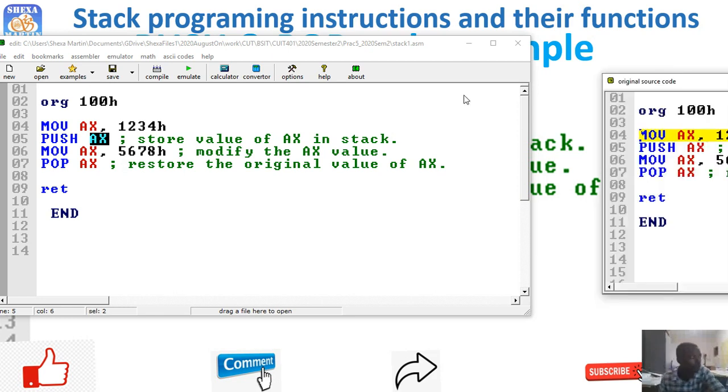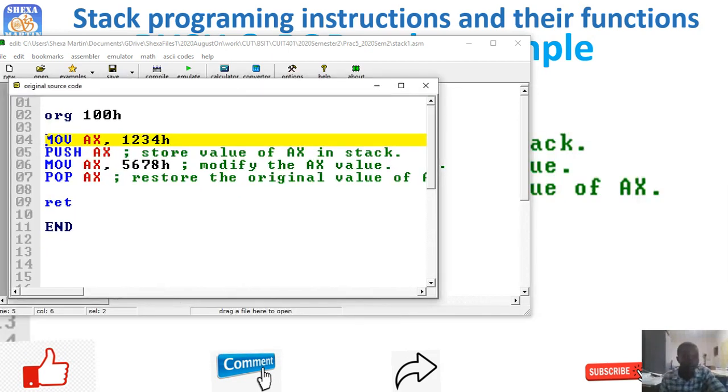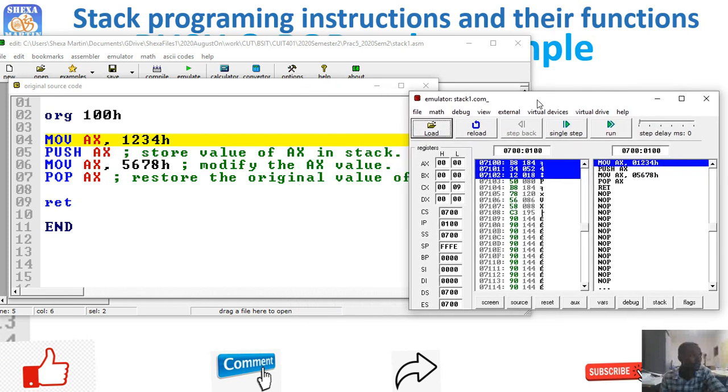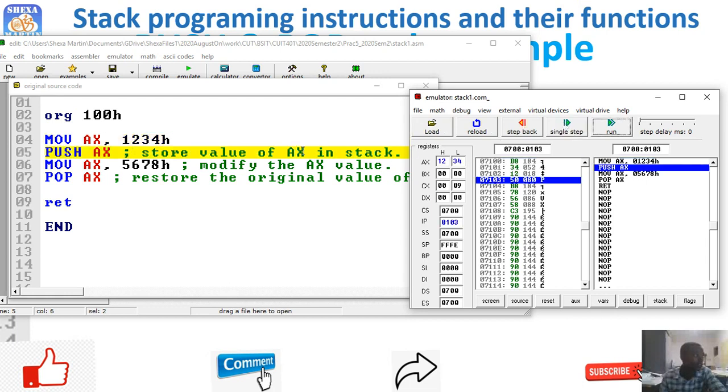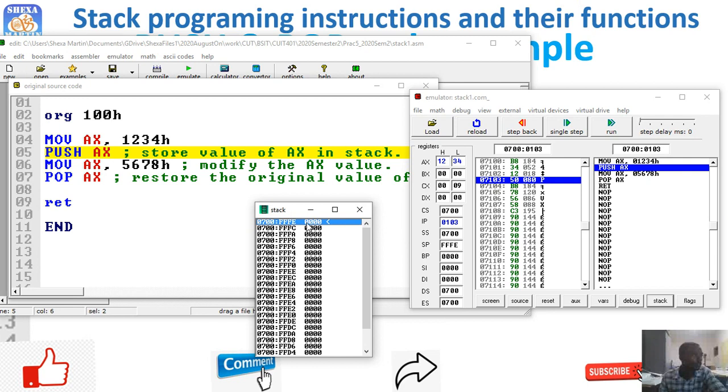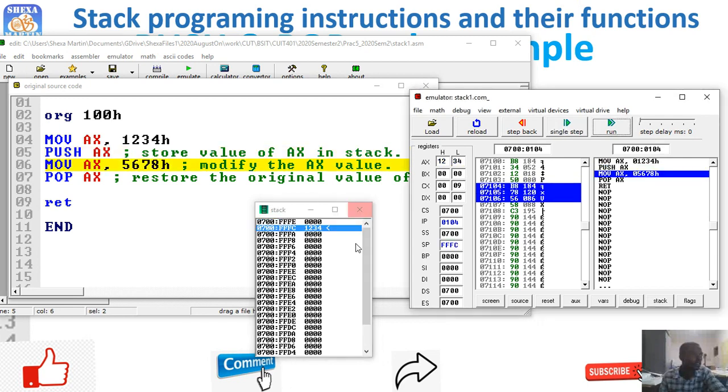Right, so that's that one, and this is the other one. Right, so AX shall have 1234, yes, and then our stack shall have 1234 at the top of the stack, yes, that's fine.